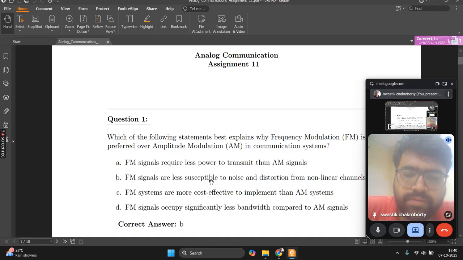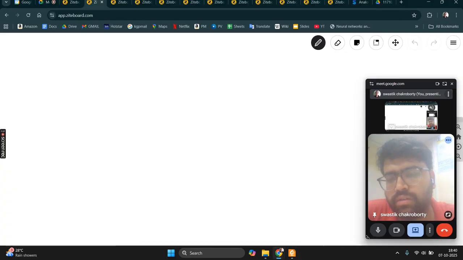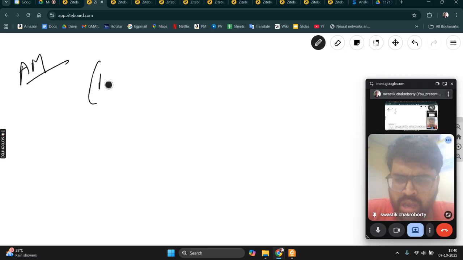So FM signals are less susceptible to noise and distortion from nonlinear channels. That is the correct answer. And why is that? Because in amplitude modulation you have something like this. Intuitively, for amplitude modulation you have something like this.